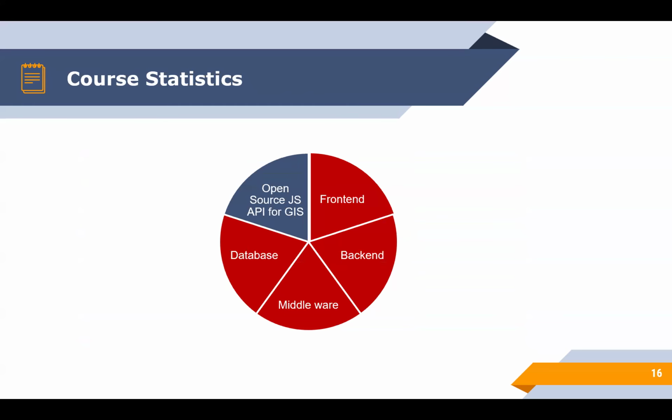Now, the course statistics means how our course is structured. Here you can see we are going to learn front end, back end, middleware, database, and open source JavaScript API for GIS. In this course, for the front end we are going to learn HTML5, JavaScript, and jQuery, and for backend development we are going to use Node.js.